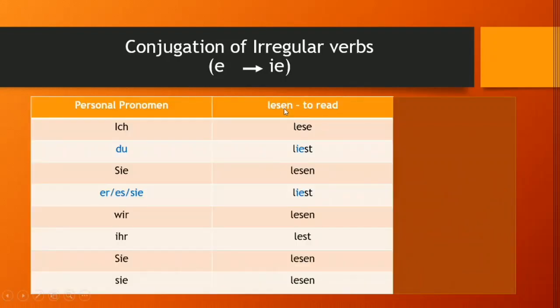So the next irregular verb is lesen, which means to read. Even over here, E in the Verbstamm changes to IE, right? Ich lese, du liest, er/sie/es liest, wir lesen, ihr lest, sie lesen, Sie lesen.